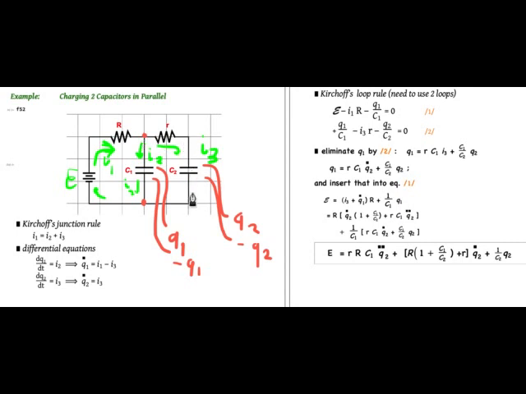And then I have minus Q2 over C2. So I'll have plus Q1 over C1 minus I3R. This is I3, remember. I think I may have said that wrong. Minus I3R minus Q2 over C2, that's 0.